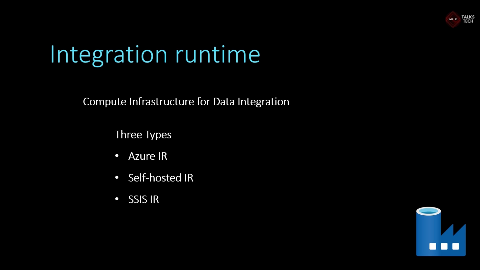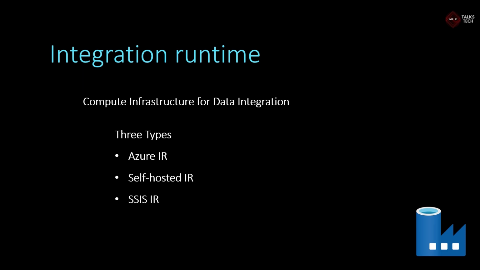The next one is SSIS integration runtime. This is most related to executing on-premise SSIS packages in Azure. You can fully migrate the on-premise SSIS packages to Azure and execute them using this integration runtime.